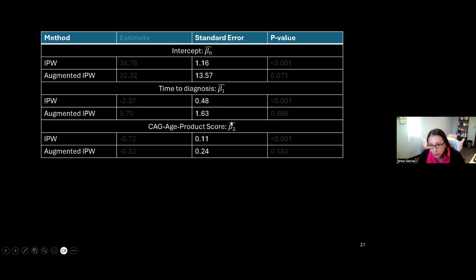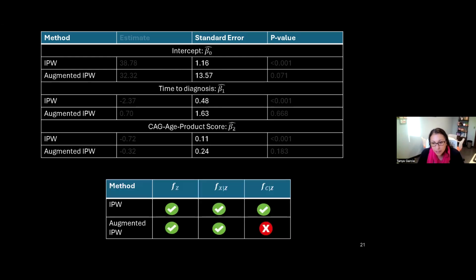Now, unlike when we first started this project, these results were not surprising to us because since we really dug deep into these methods, we had proven that the augmented version will indeed be more efficient than the regular version, but one of the distributions involved has to be correct. If that distribution is wrong, this augmented version will be wrong.